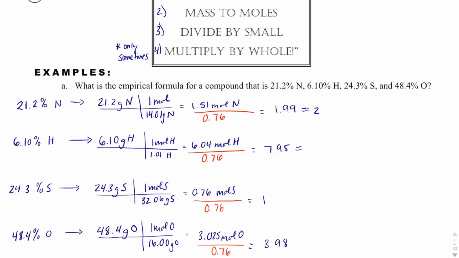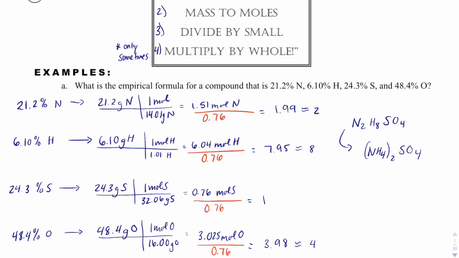This 7.95 will be 8. And this 3.98 will be 4. And so my formula is going to be N2H8SO4, and I'll give you a moment to figure out what that formula is. This is ammonium sulfate.